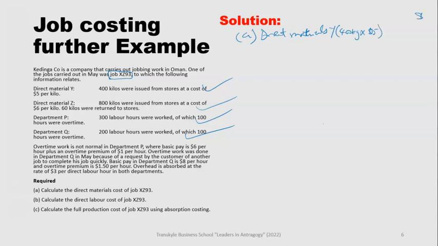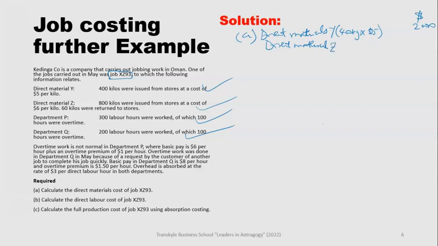So we put our dollar sign here, we can see that this gives us 2,000. Then we have to worry about direct material for the job requires both Y, material Y and material Z.